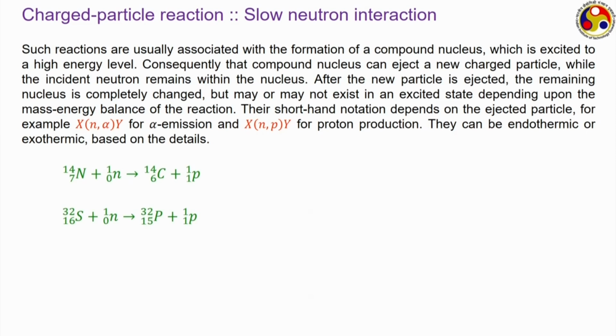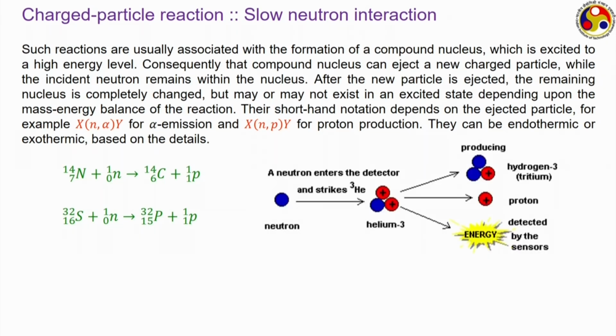The nitrogen 14 isotope absorbing one neutron, leading to the emission of one proton. Same for sulfur 32, leading to the emission of a proton. And a neutron detector is an instrument which is used to identify the presence of neutrons, that works on a similar principle.